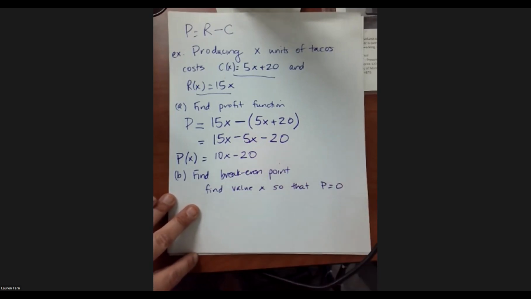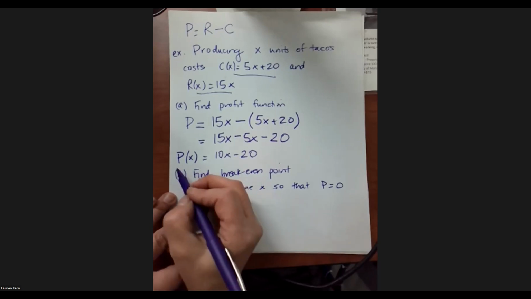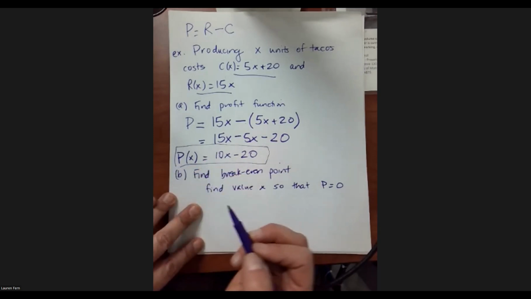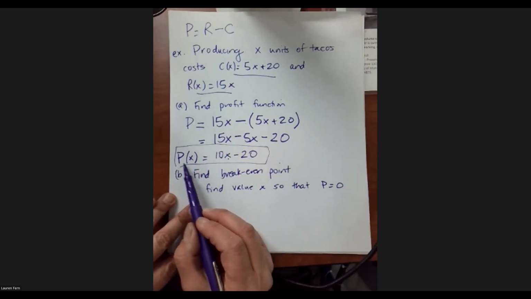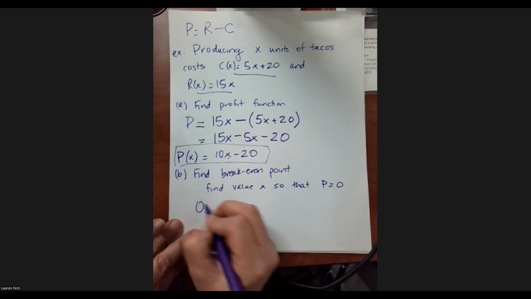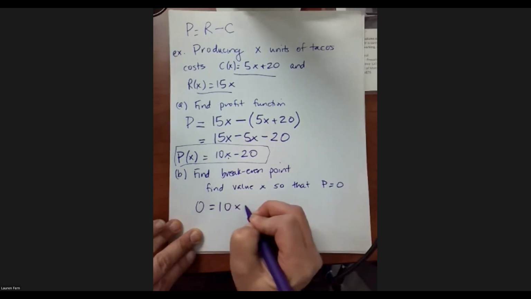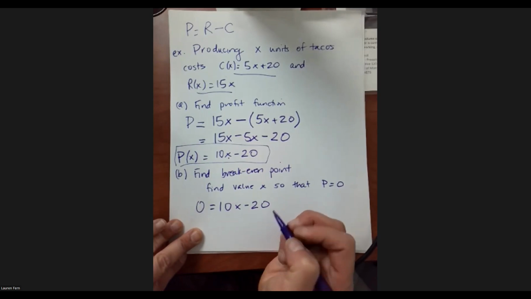We don't gain anything, but we don't lose anything. Well, can we do that? Yeah, we have our profit function. We want to find the number of units of tacos so that this is 0. So we say 0 equals 10X minus 20. Can I solve this? One hopes.